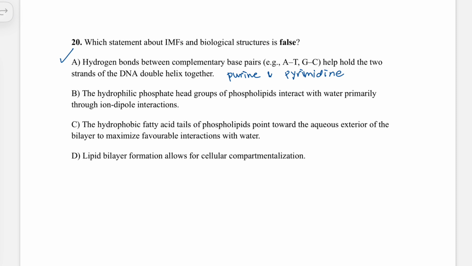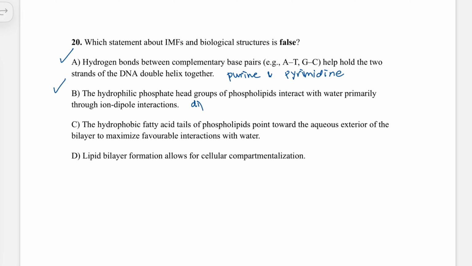B. The hydrophilic phosphate head groups of phospholipids interact with water primarily through ion-dipole interactions. This is also true. So ion-dipole means there's one partial positive or negative dipole, and then there's an ion.